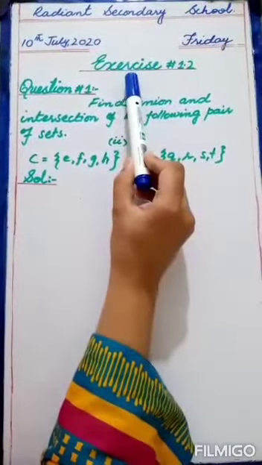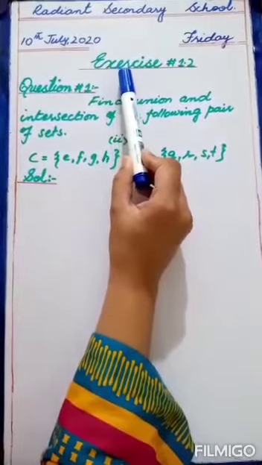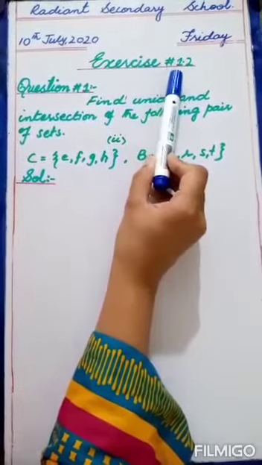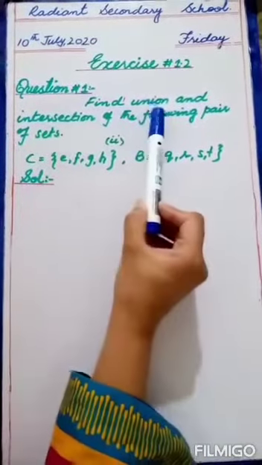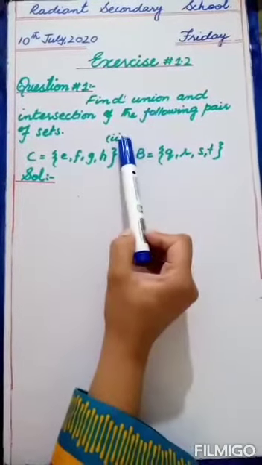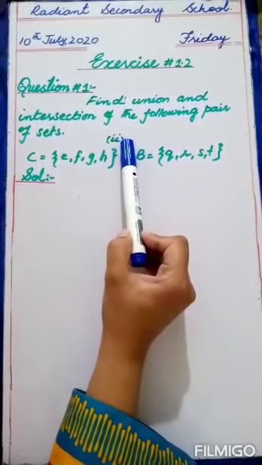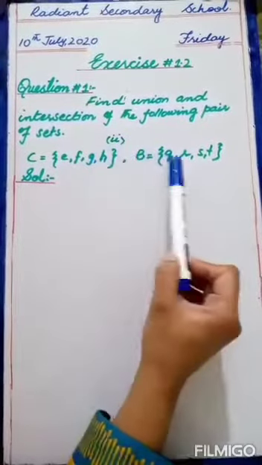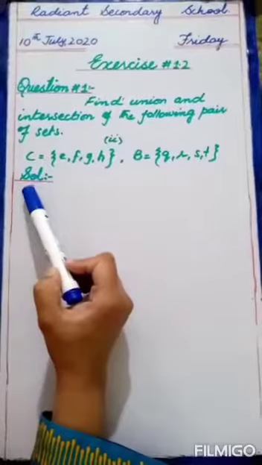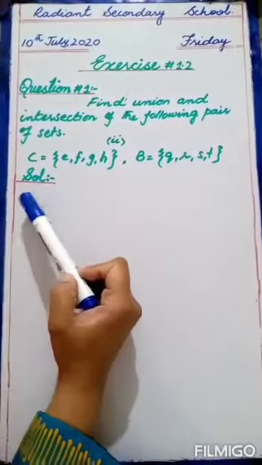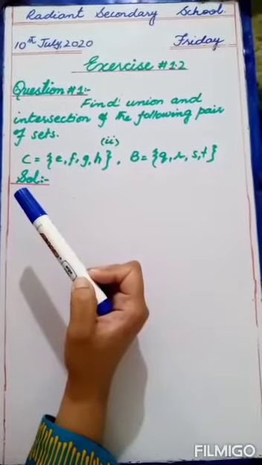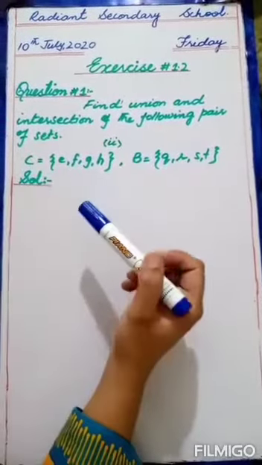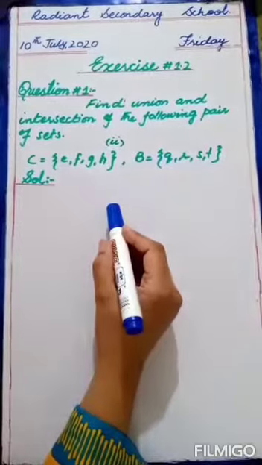And in the middle of the page you have to mention in calligraphy style exercise number 1.2, and again on the left side question number 1, and then you have to write the question. Part number will be mentioned in the middle of the page, and then you will write the part number and then give the heading of solution. Just like in the class, all of you are well familiar with the presentation of your notebook. I hope you will prepare your notebook very neat and clean.